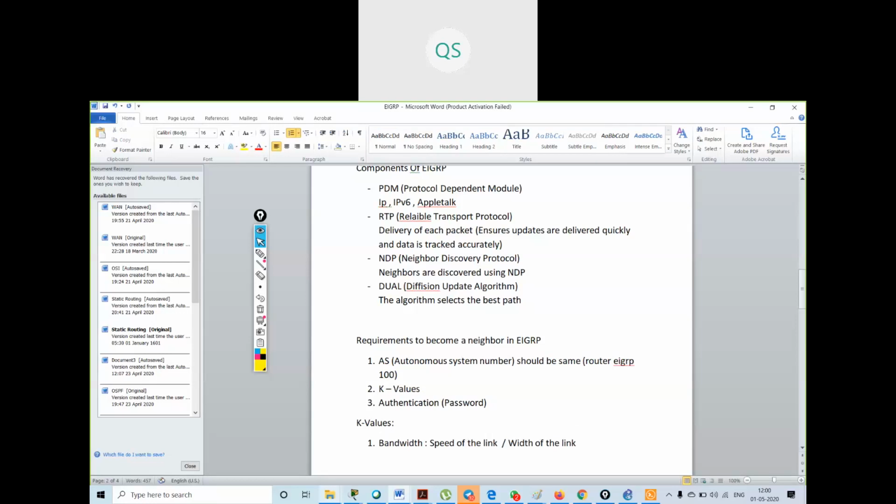Okay. Then the next thing is K values should match. K values are something, if you see the K values, there are different values.